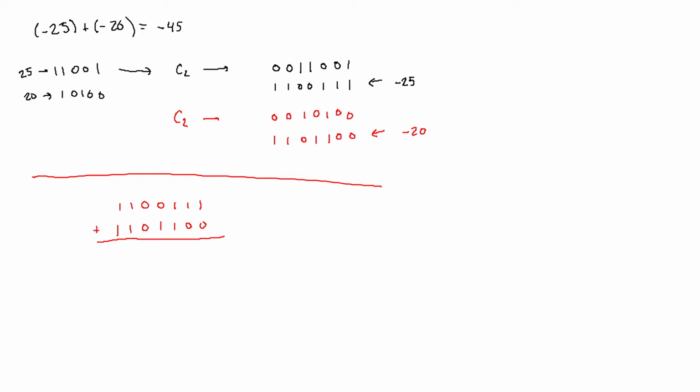Okay, so I'm going to add them. Remember, I'm adding two negative numbers, and I'll use another color just to be clear. So 1 plus 0 is going to be a 1, 1, 0, and I carry 1. 1 plus 1 is 0, plus 0 is 0, and I carry a 1. 0 plus 1 is 1. 1 plus 1 is 0, and I carry 1. 1 plus 1 is 0, plus 1 is 1, and I carry 1, and I just write it here.